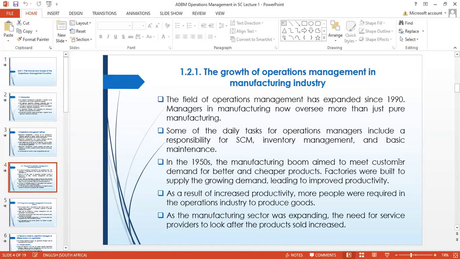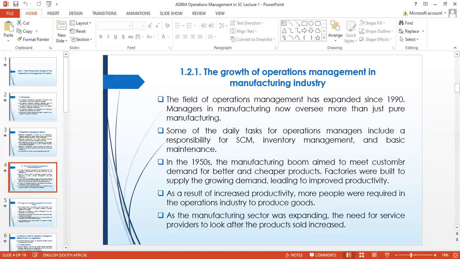But now these operations managers do more things. A lot of things have been added to their responsibilities. Their tasks now include managing the supply chain of a business and managing the inventory. It includes quality control of the products, ensuring that the raw materials being purchased are of good quality and the final product being manufactured is also of good quality.